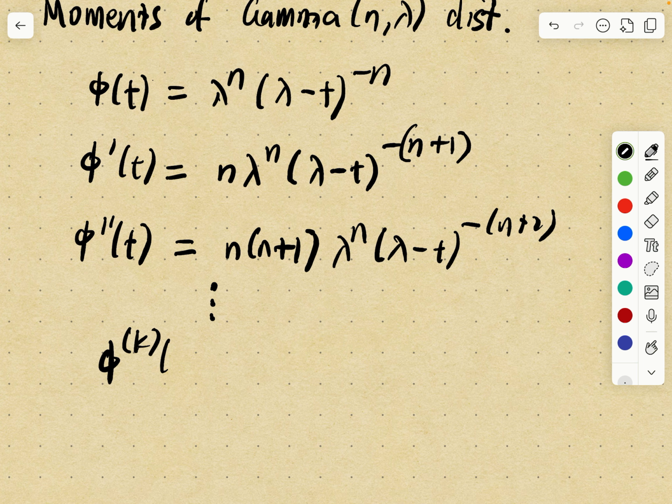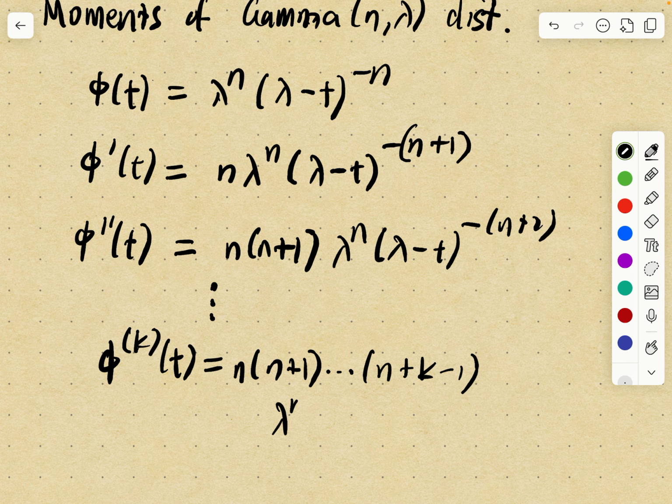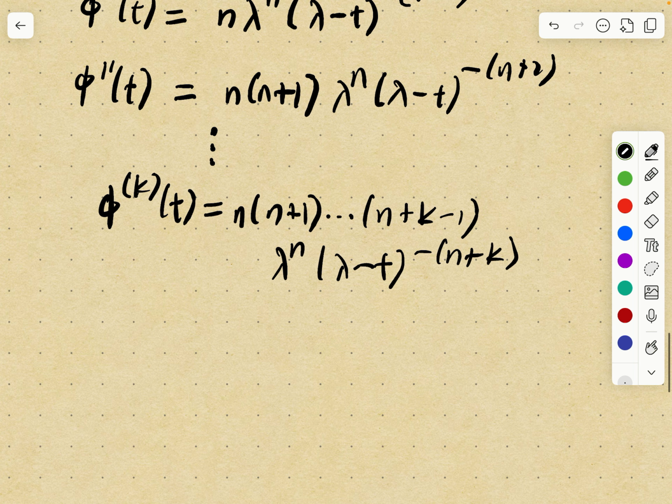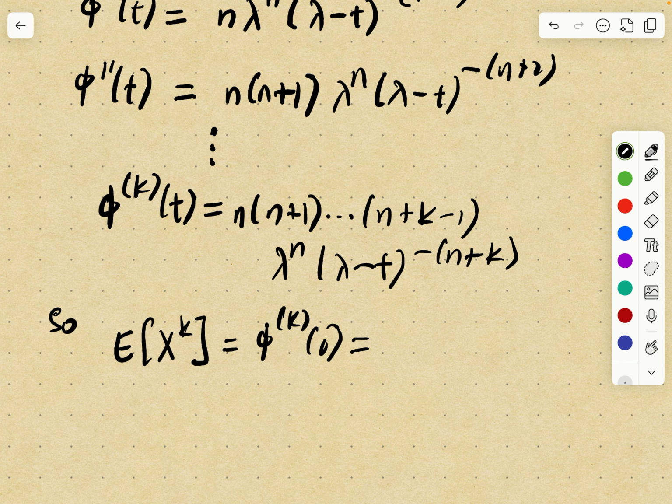If you take the kth derivative, you get n times (n plus 1) all the way to (n plus k minus 1), times lambda to the nth power, times (lambda minus t) to the negative (n plus k) power. So the expectation of x to the kth power, remember the theorem says, is what you get when you plug in 0.